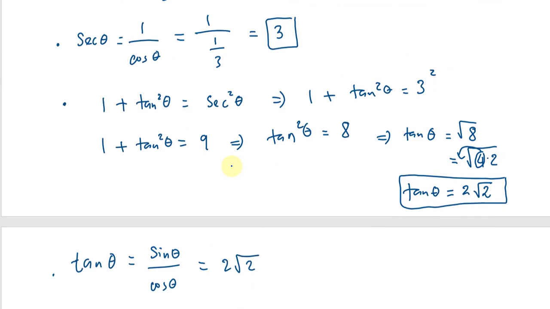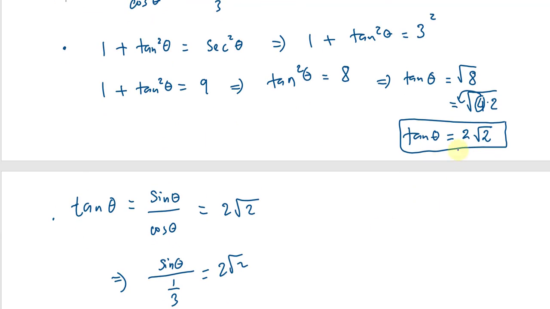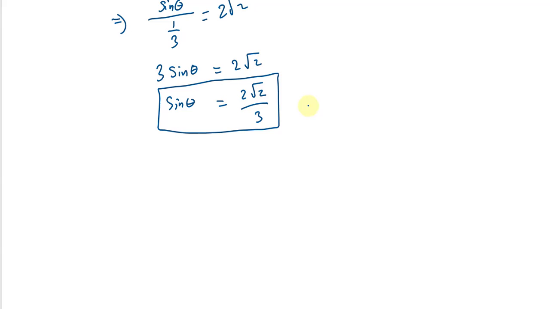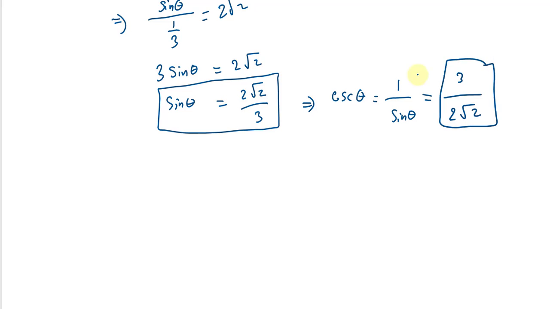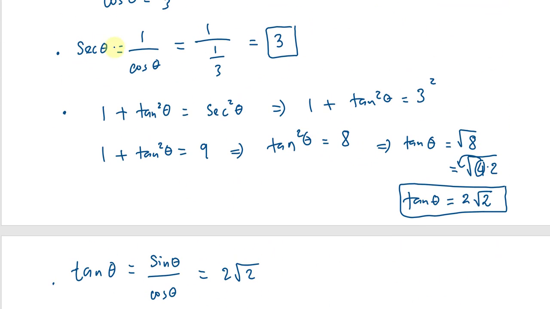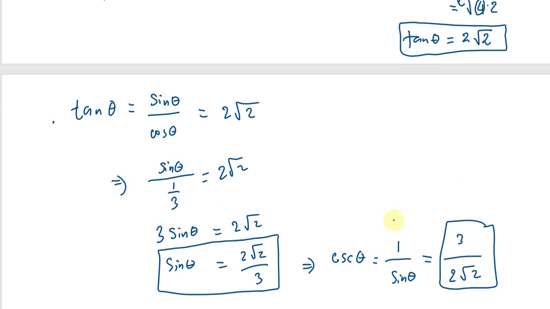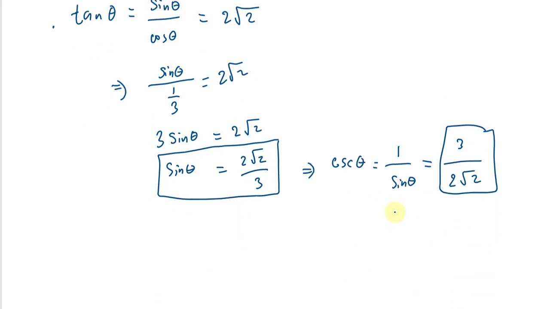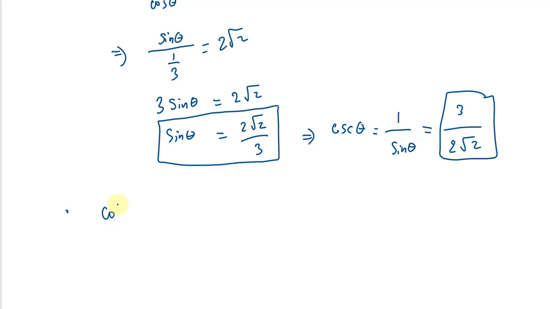So I know sine, I know cosine, I know tangent. Now once I know sine, I can find cosecant. Cosecant is 1 over sine, right? So that means we are flipping the fraction. We are taking the reciprocal of the sine function. So that becomes 3 over 2 radical 2 for cosecant. Okay, so secant, tangent, sine, cosecant, and then the last one is cotangent. Okay, 5 of them.